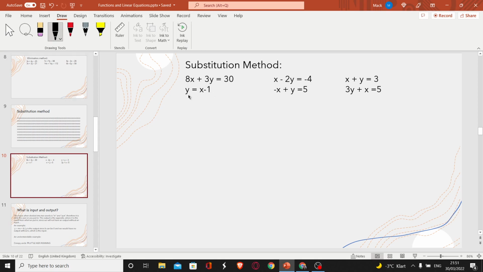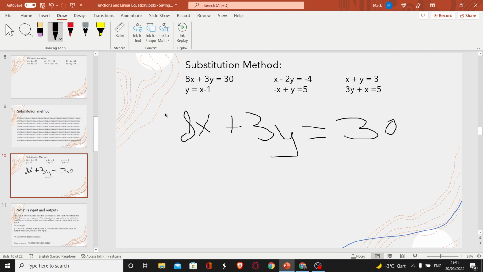So as you can see, we have 8x plus 3y equal to 30. That's an equation we have, and we are given that y is equal to x minus 1, and we have to use substitution method. So what we'll basically do is, instead of y, we will replace y with x minus 1. And how you do that?